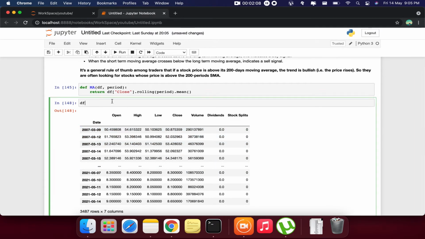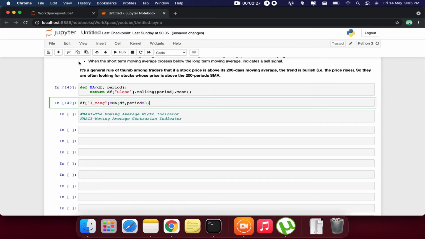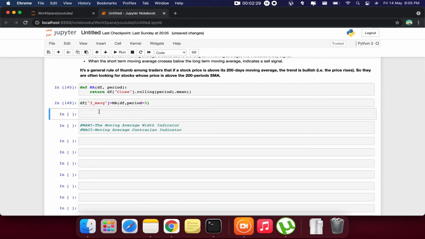Now let me first show you how it looks with a 3-day moving average maybe, and ma will give df as a parameter and period equal to 3. Now if you see, let me just show you the closing price and the 3-day moving average.